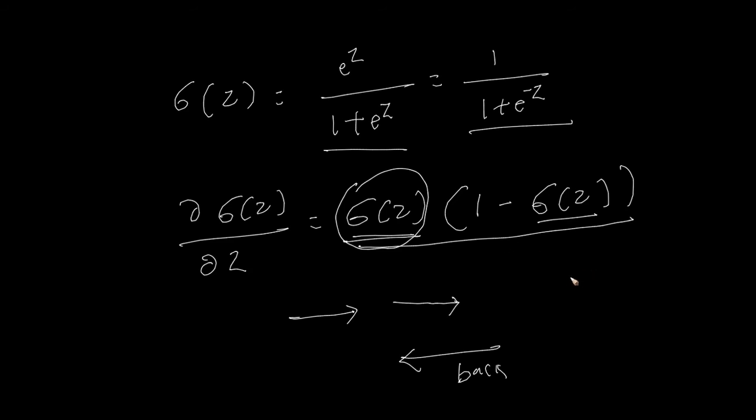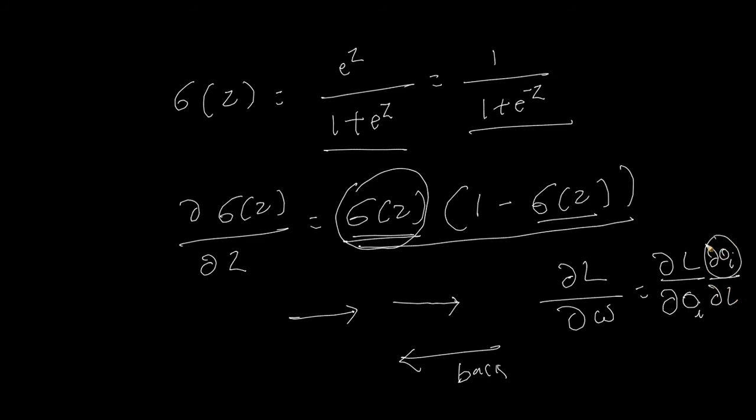If you remember, we were saying dou L by dou w, the derivative of loss with respect to w, is equal to the derivative of loss with respect to some output O_i, and then the derivative of O_i with respect to w. So this O_i is nothing but the output coming out from the activation function.